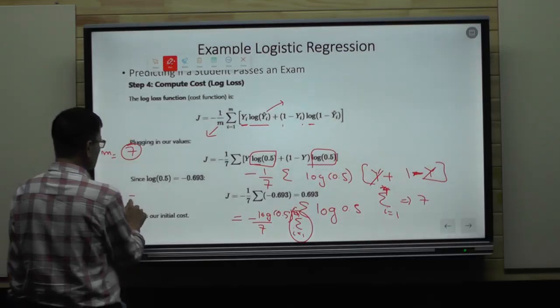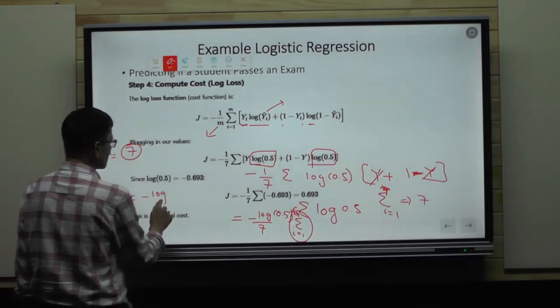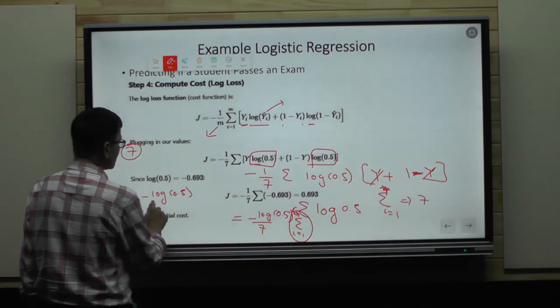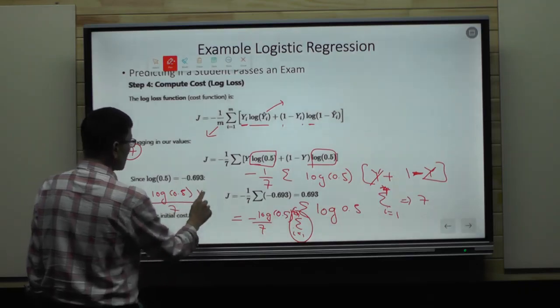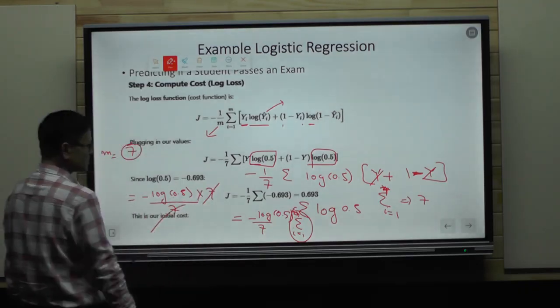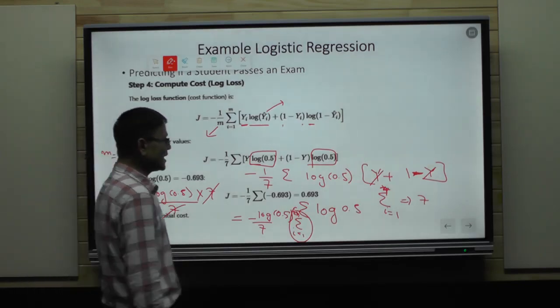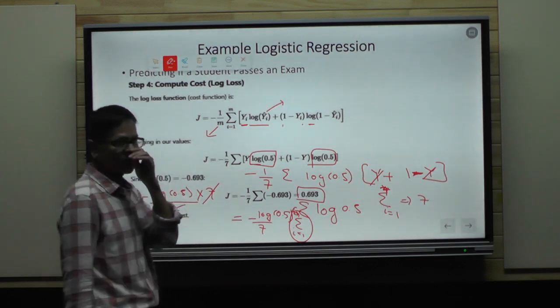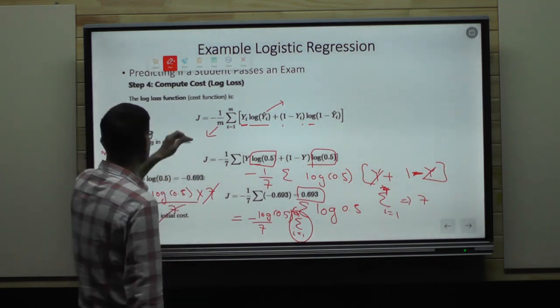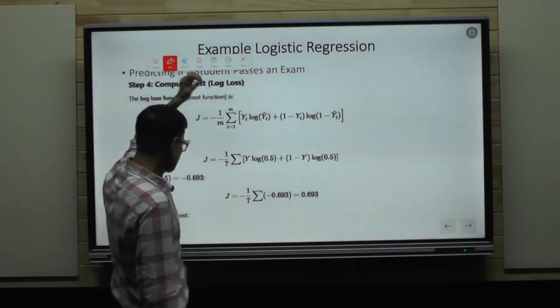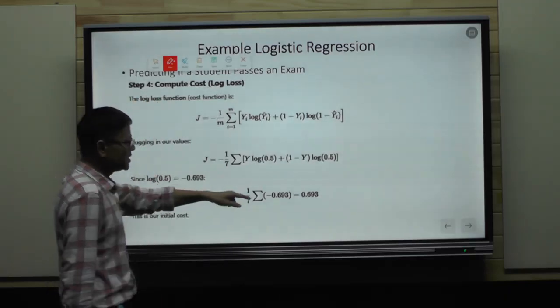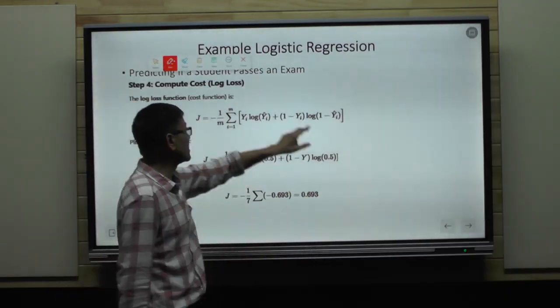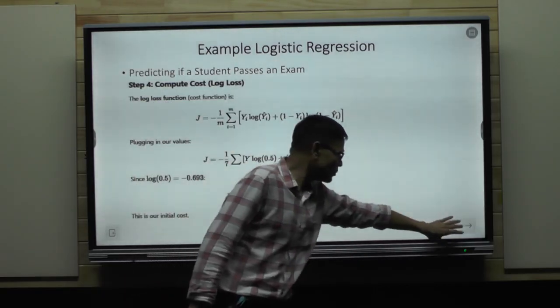So that is minus log of 0.5 divided by 7 multiplied by 7. So that strikes out. So we are only left with 0.693 for the first time. Clear? So this is our initial cost, 0.693. Now we'll move to another point.